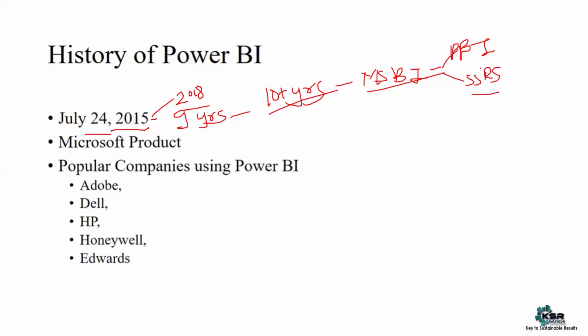Prior to Power BI, there were other tools introduced by Microsoft which used to look similar to Power BI. That is called SSRS, SQL Server Reporting Service. There are also SQL Server Analysis Service and SQL Server Integration Service. But SSRS is a reporting tool which was a product of Microsoft prior to Power BI.